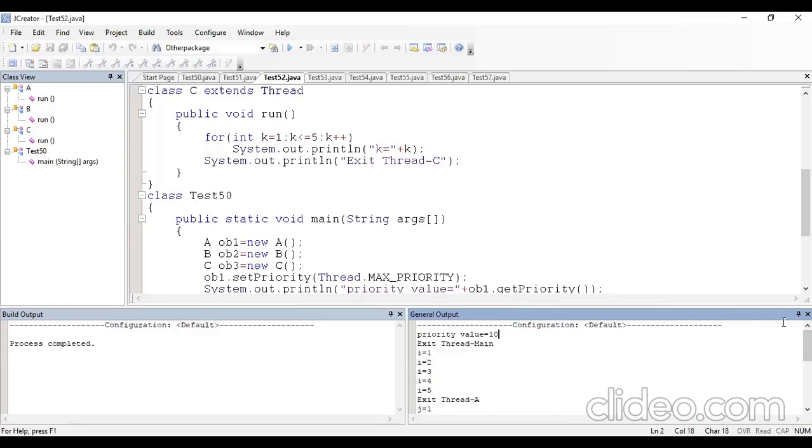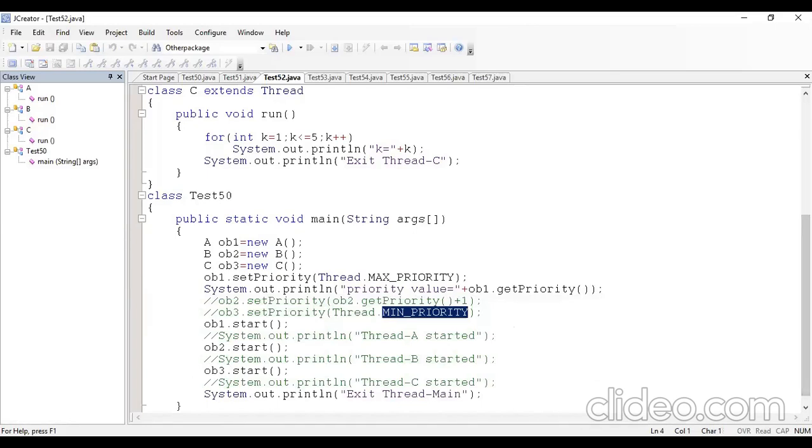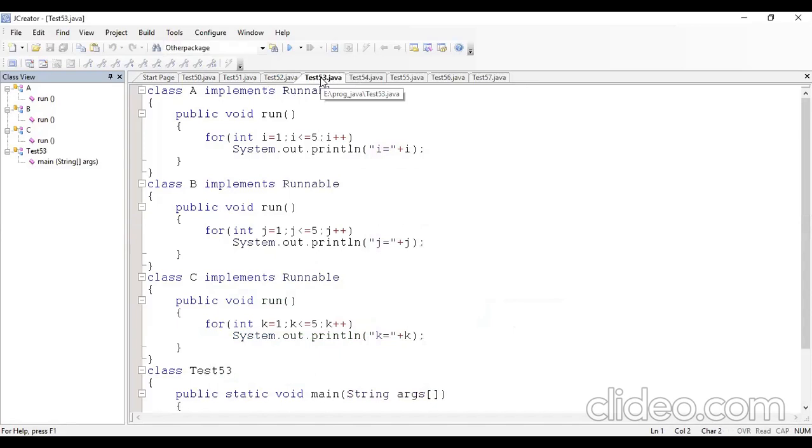Fine. So I hope you understood what thread priority is and how you can implement it in your program. Next, I will discuss one more thing, that is the second approach, how we can use the Runnable interface to create a thread.